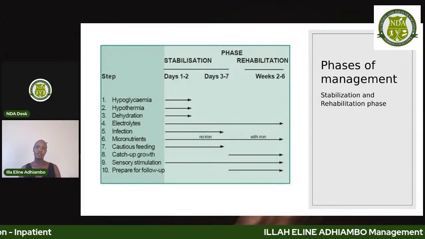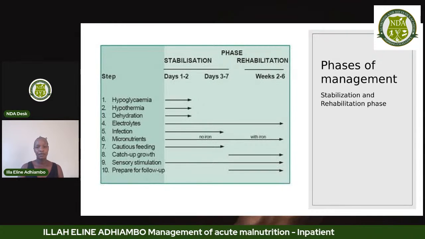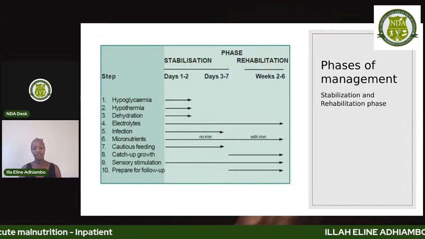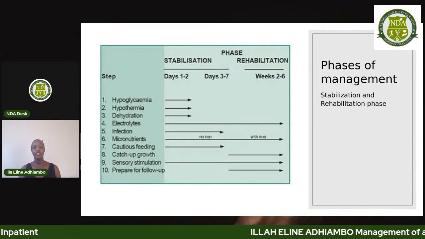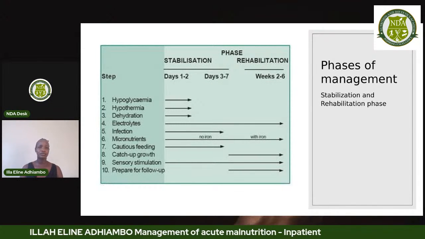RUTF has iron in it, and we can also give macronutrients and micronutrients. And then infection prevention starts from day one, depending on the treatment regimen that you're using, whether it's a 3-day regimen or a 7-day regimen.